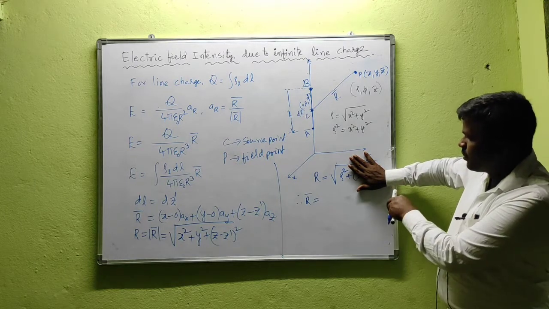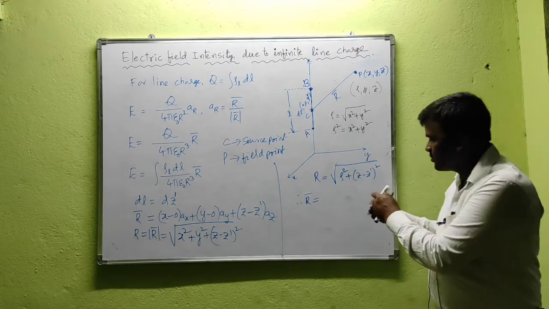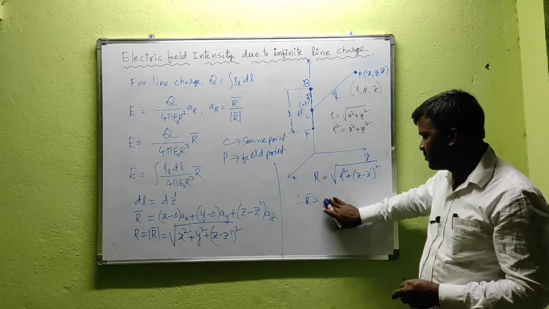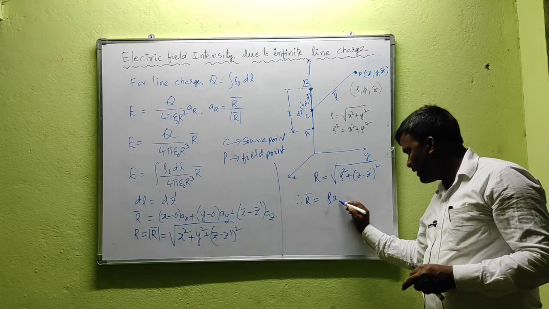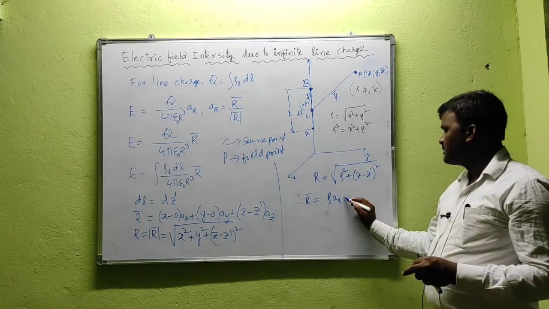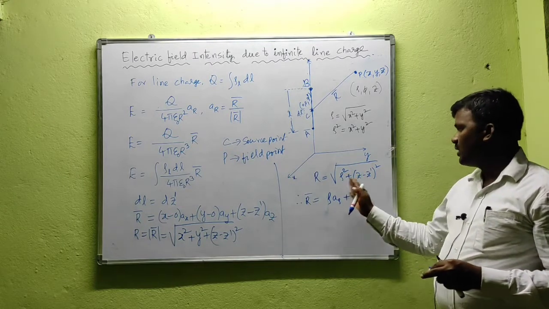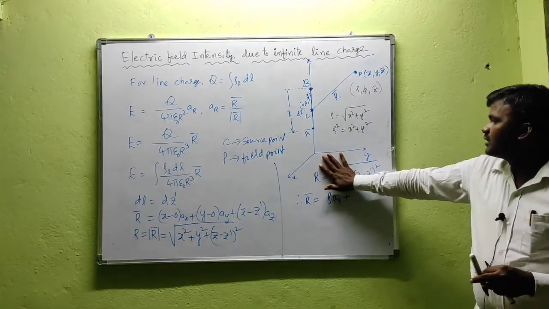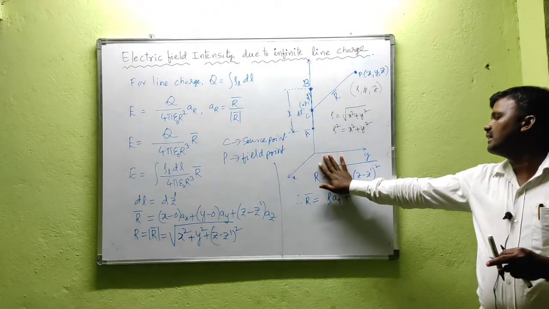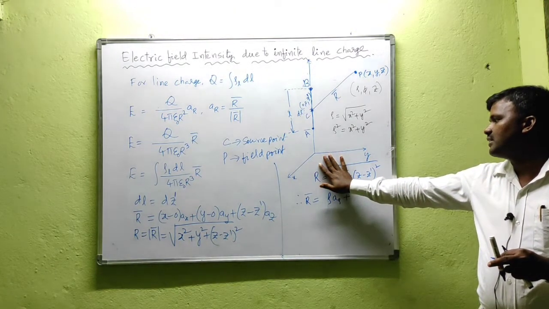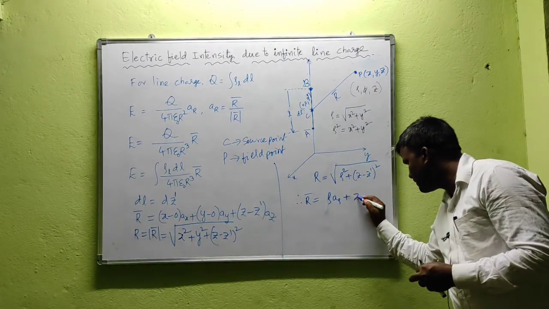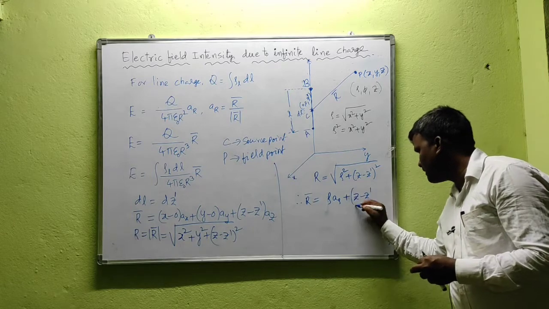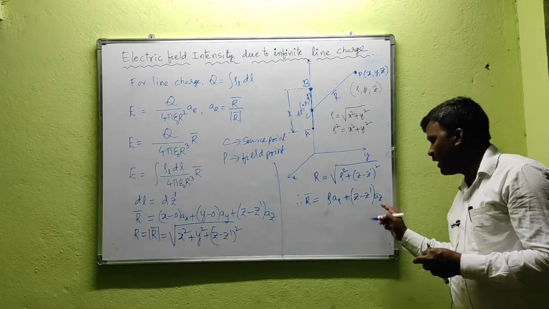The rho component is the square root of rho square, which gives rho only, so that is rho into the unit vector along rho direction, a rho. Similarly, there is no phi component, only the z component, which is the square root of z minus z dash whole square. The square and root cancel out, leaving z minus z dash, so we have z minus z dash into a z.